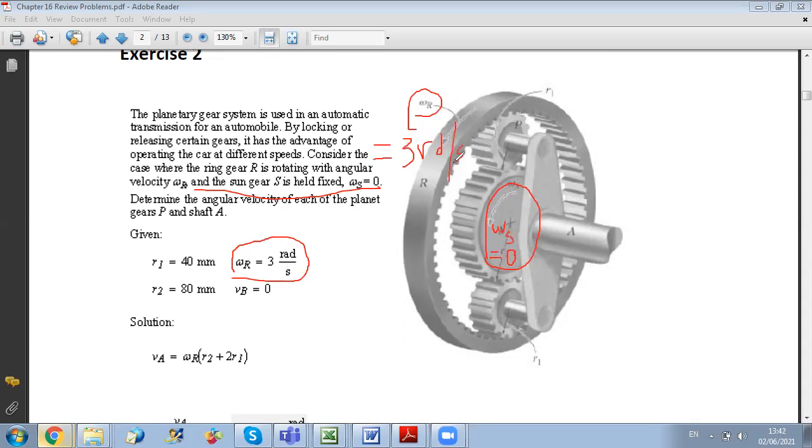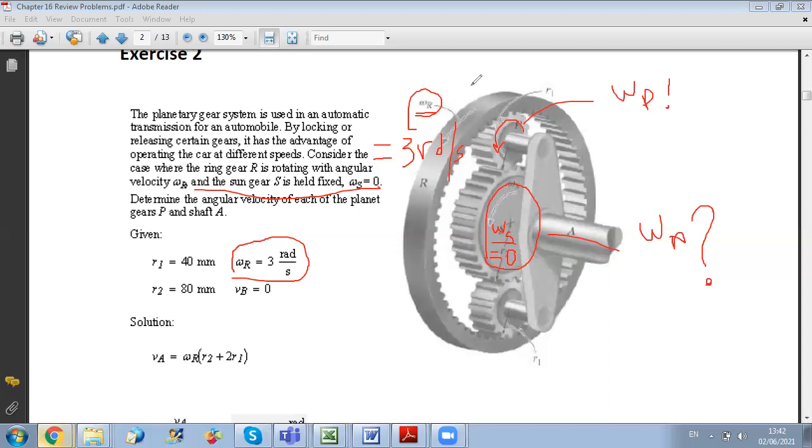Now, our purpose, knowing omega s and omega r, is to determine omega a, which is the shaft here, and the angular velocity of the small gears P. What is omega P? This is the question. And you will see here that by just controlling these two, you can impose a variety of speeds for the shaft and P. From here, the importance of the application.